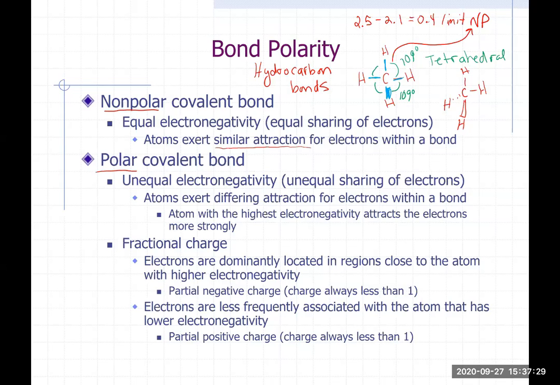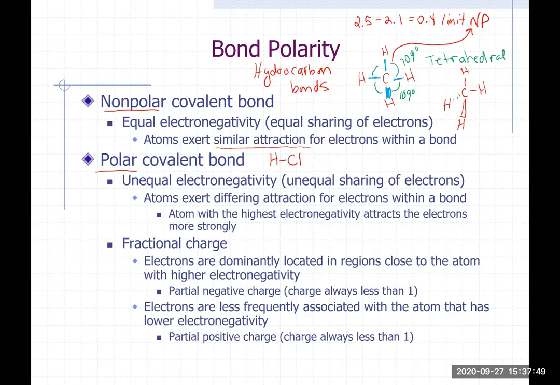If we have, on the other hand, a polar covalent bond, so let's think about a polar covalent bond. And that polar covalent bond might be for a structure, for example, like HCl, hydrogen chloride.